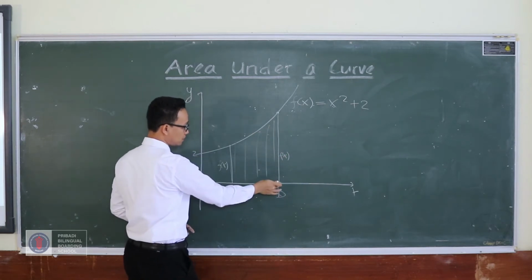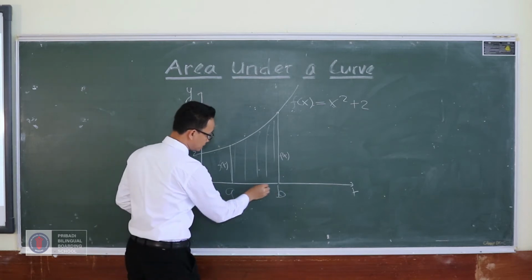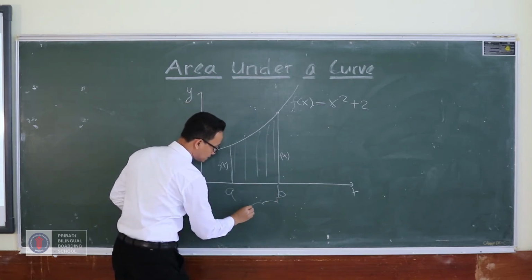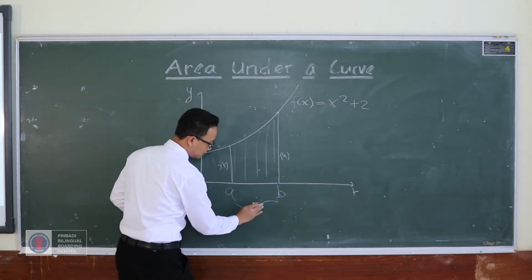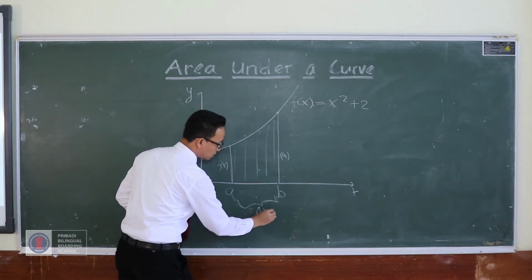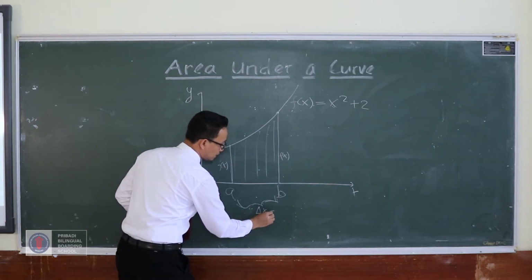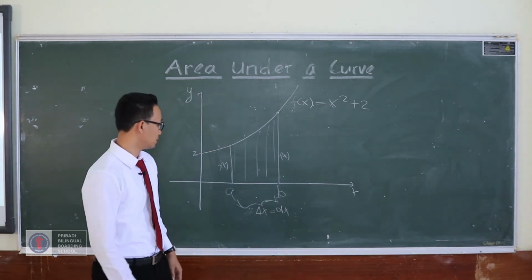It's bound by x equals b, and then these boundaries. Now, these boundaries are actually the difference between a and b, right? Or we call it, let's say, the delta of x, or we simply write it as dx. Okay.